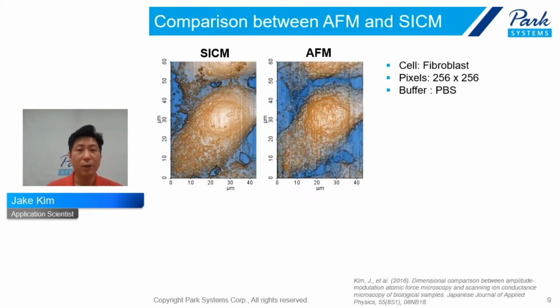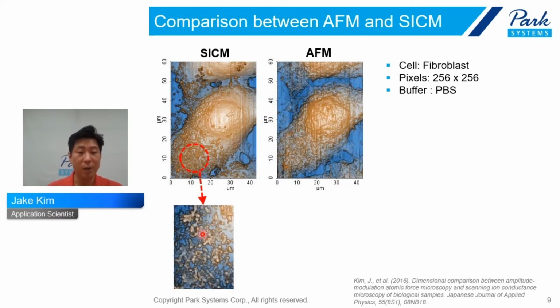Okay, let's take a look at this comparison of AFM and SICM images applied to actual fibroblast cells. Let us confirm that SICM represents even very small features on the sample surface very well, like this.